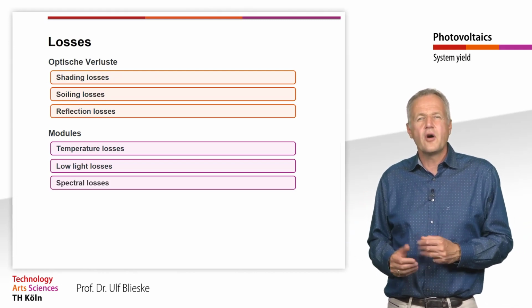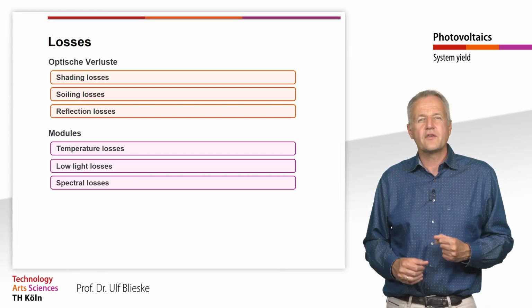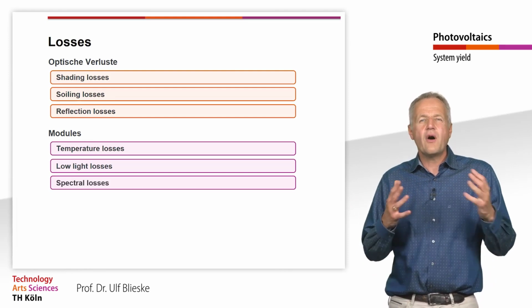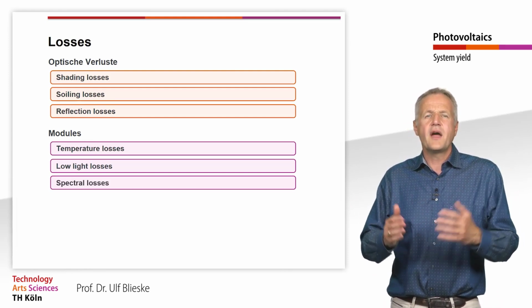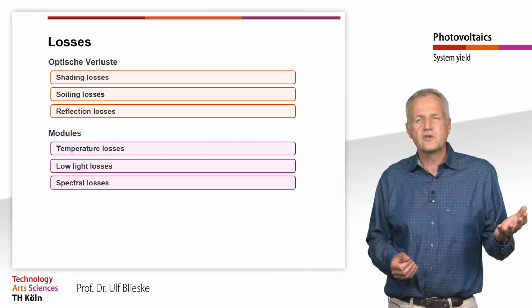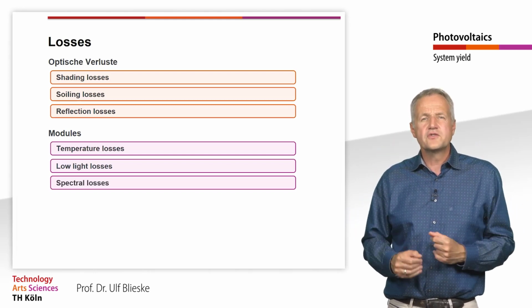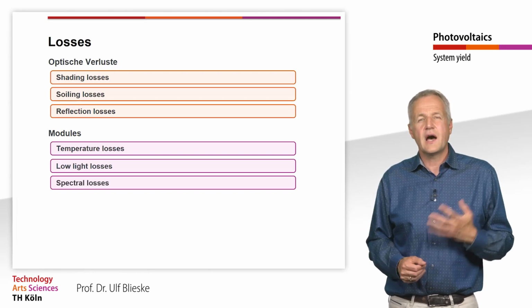However, the nominal power always refers to the standard AM 1.5 spectrum at 1000 watt per square meter. With a different spectrum, the actual power of a PV module can be both higher and lower, depending on whether the proportion of the spectrum that is usable for the module increases or decreases. The losses due to a different spectrum are generally rather low, especially in relation to the annual yield.